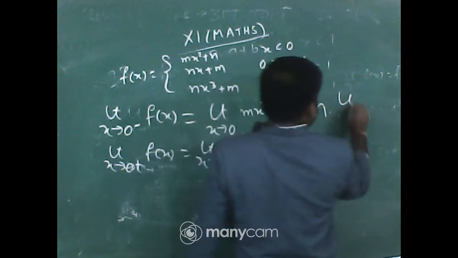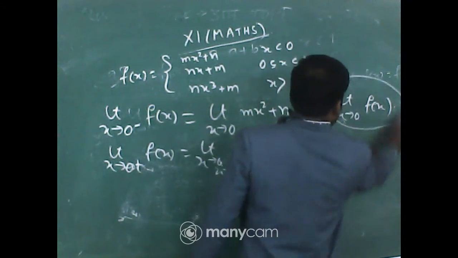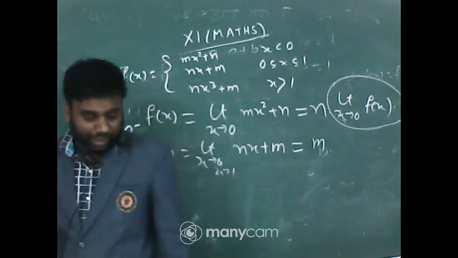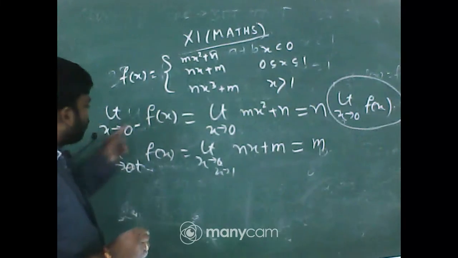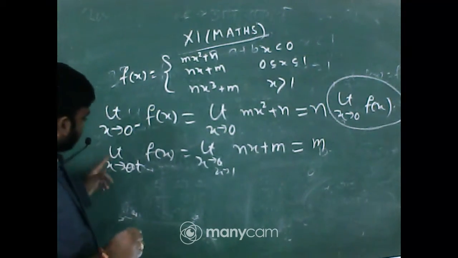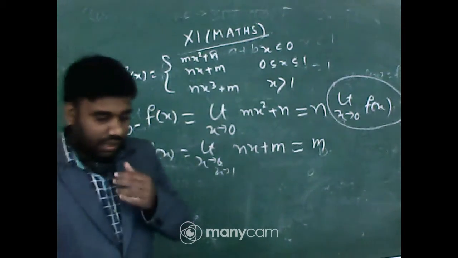Now the limit x tends to 0 fx exists only when the left hand limit, x tends to 0 minus, and the right hand limit, x tends to 0 plus, are equal.